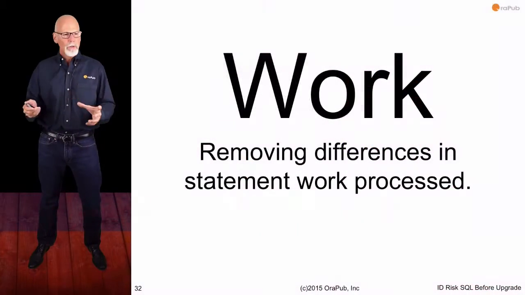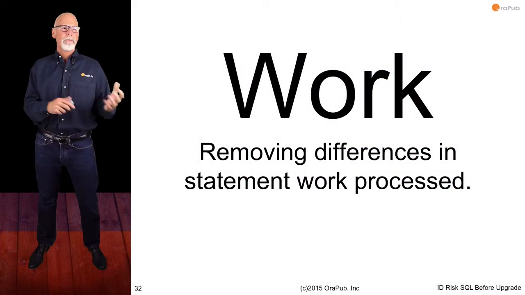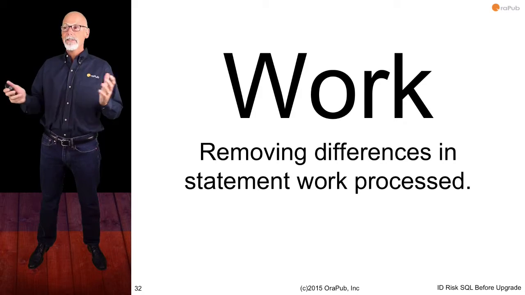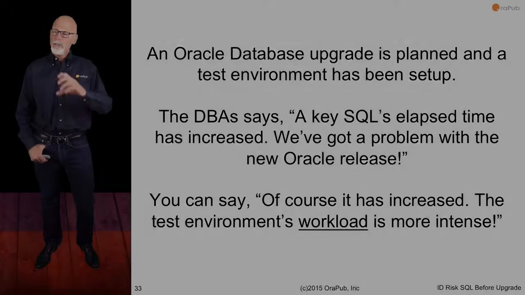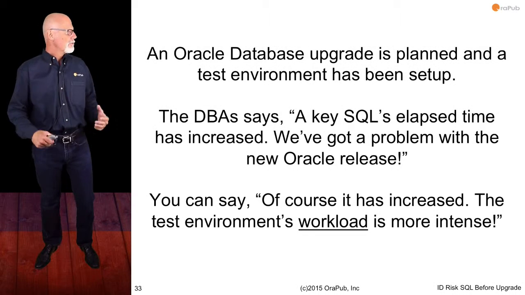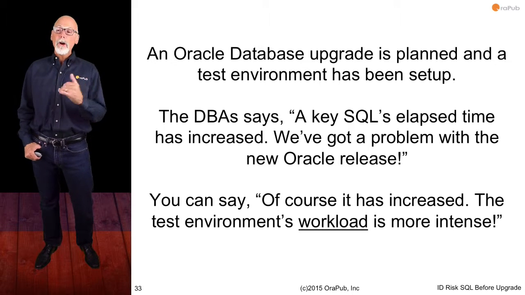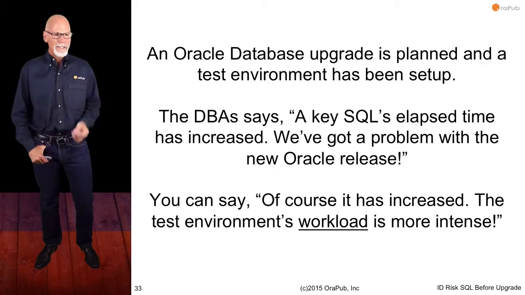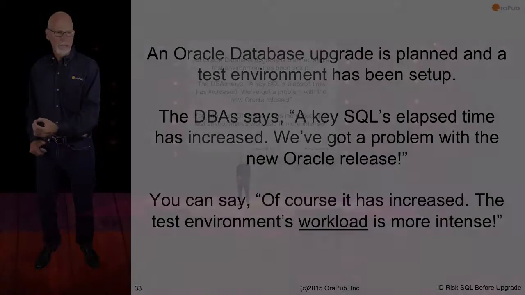Because if the workload is different in one of the environments, making an apples-to-apples comparison is not straightforward. In other words, it's running slower in QAT than it is in production, and the DBA is freaking out. Right? But you know better. You say, well, of course it's increased because the test environment's workload has increased.